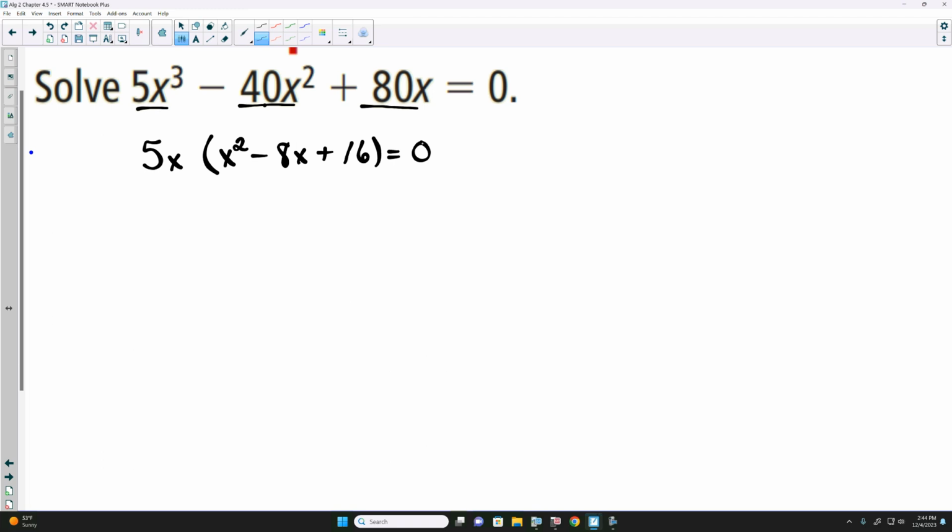So we have 5x times x squared minus 8x plus 16. Two sets of parentheses, because there's a good chance that x squared minus 8x plus 16 will factor.